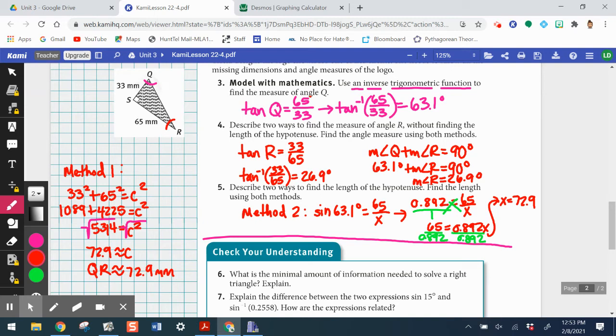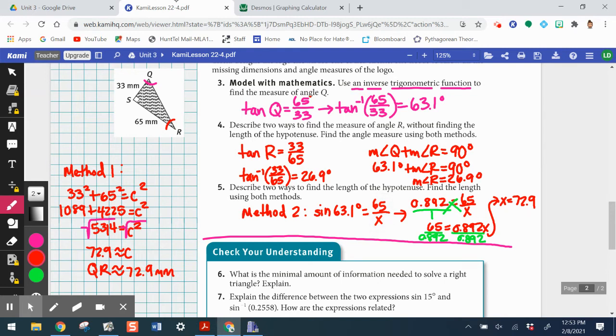And I was told the opposite side of angle Q, which is our 65 millimeters. And we were asked to find the hypotenuse. So that is the sine function, comparing the opposite side of an angle to the hypotenuse of that angle. So the sine of 63.1 degrees is the opposite side, 65, over the hypotenuse x.